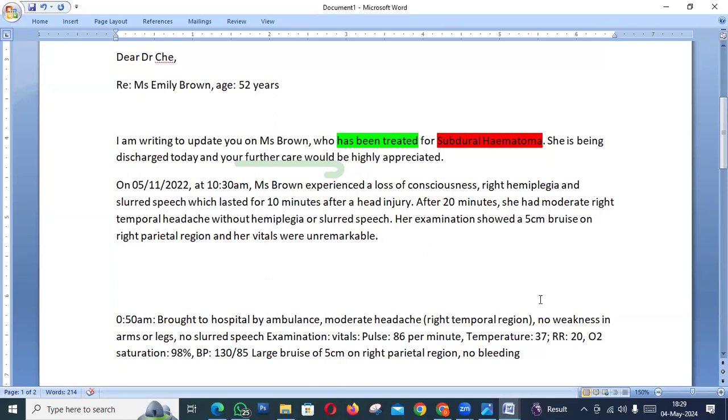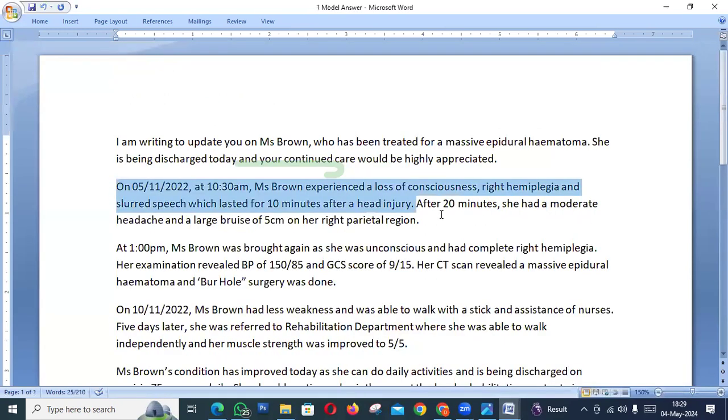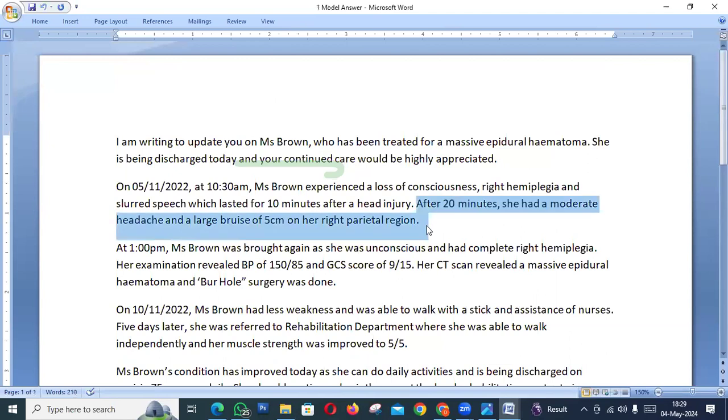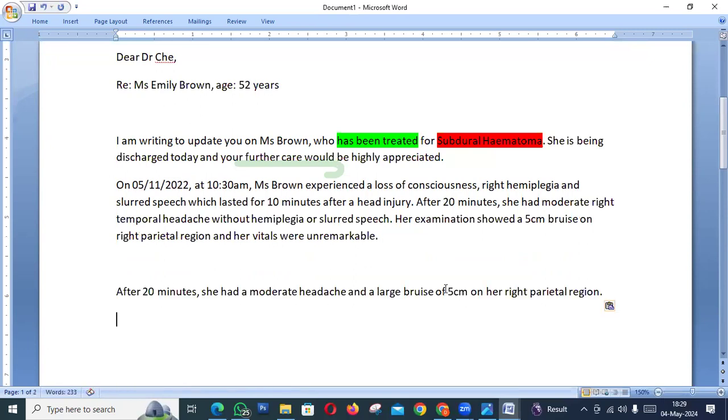Anyone want to give any suggestion? Okay. So here, if we compare, in the model answer I have: after 20 minutes, she had a moderate headache.